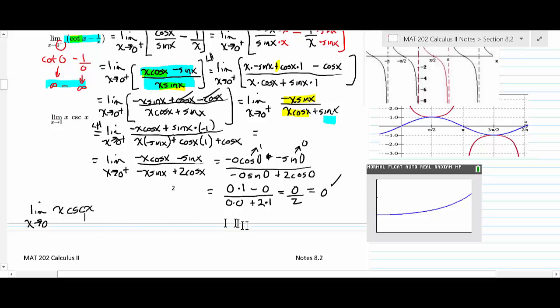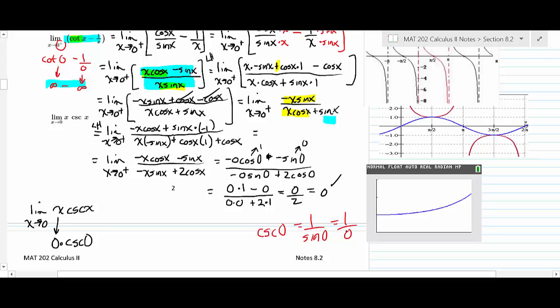Step 1 is figure out what you have. If you plug in a 0 there, and then plug in a 0 there, we need to figure out what form that is. One of the things I went ahead and put, this is not on your handout, is a cosecant graph to help you remember, because cosecants have asymptotes, right? The cosecant of 0 is really 1 over the sine of 0, but the sine of 0 is 0.